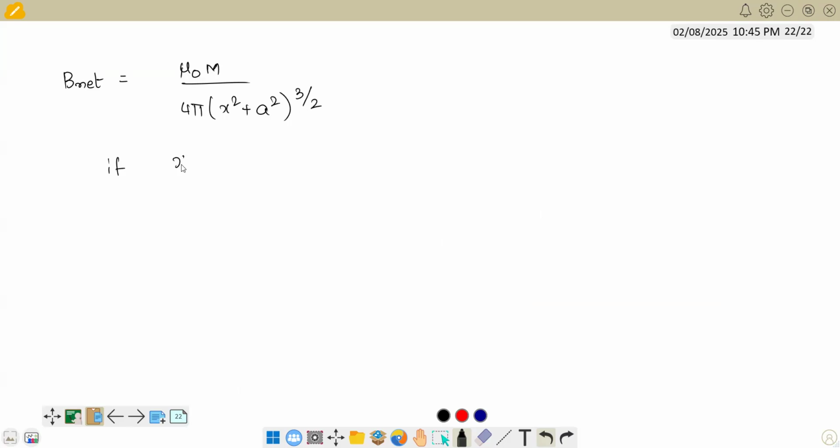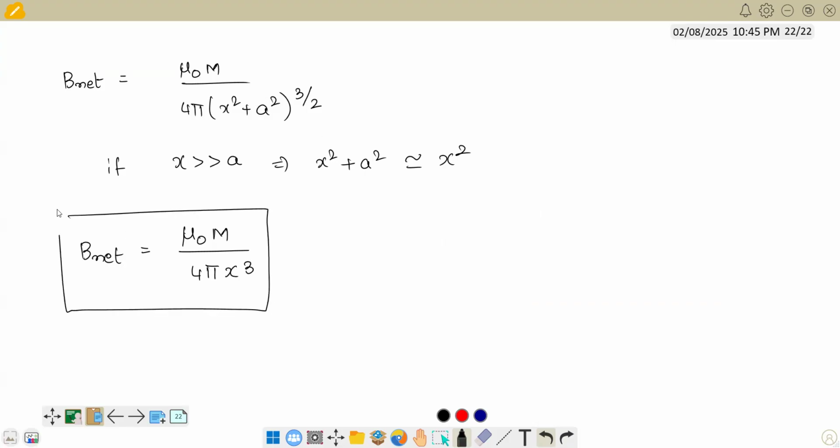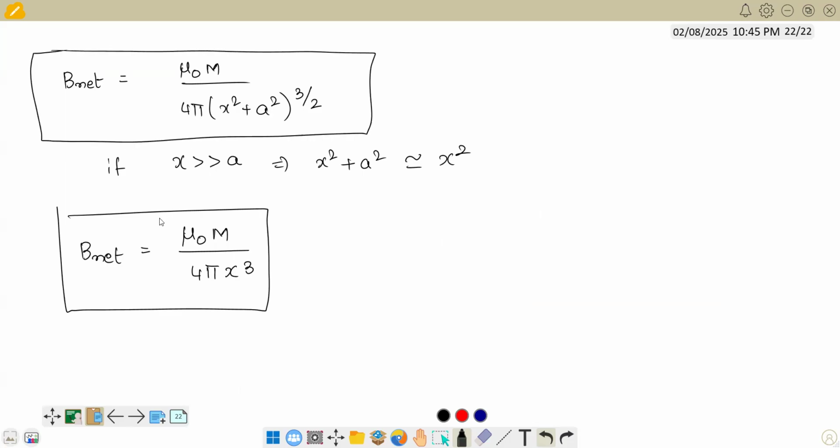If x is much greater than a, we can take x squared plus a squared as approximately equal to x squared only. So we will get B net equals mu naught m by 4 pi into (x squared) whole power 3 by 2. That would be x cubed. So this will be the result of the first one. This will be the result of the second one.